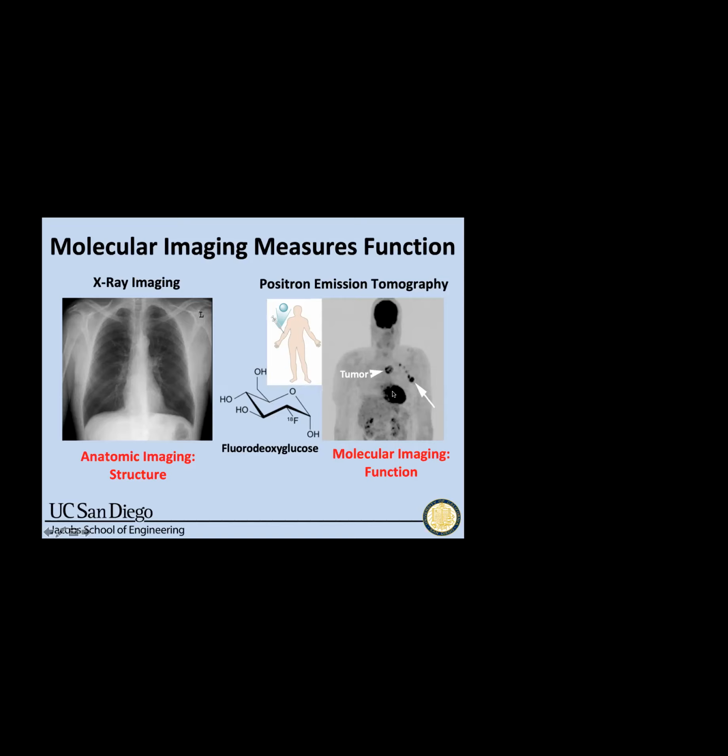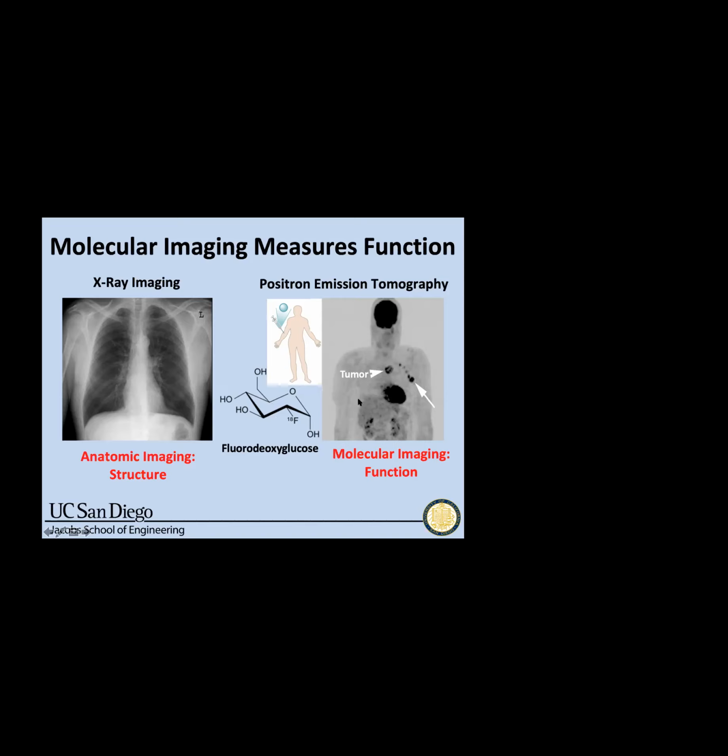Okay, so what uses a lot of glucose? Well, your heart uses a lot of glucose. Your brain hopefully uses a lot of glucose. And as you might know, tumor and metastatic tumor also use a lot of glucose. So when you look at this, you might think, well, I'm imaging the brain, I'm imaging the heart, I'm imaging tumor, and that's kind of true.